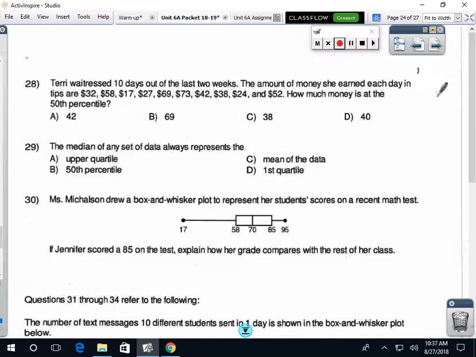The amount of money she earned each day in tips are those values. How much money is at the 50th percentile? So what are you looking for in this data? The median, Q2. So what did you have to do first? Okay, what was the lowest one? Then after that? Okay.